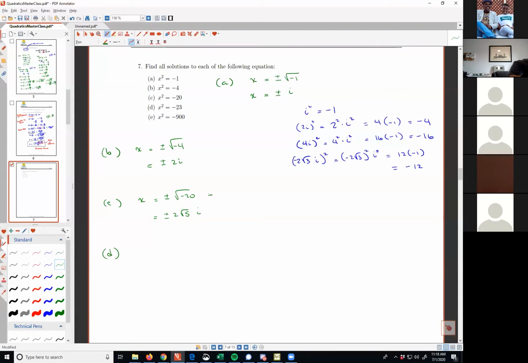Yeah, and we can think of this as separating the square root of -1 from the square root of 20. And then we can simplify the square root of 20 as 2√5. Okay, part D. Plus or minus √23i. And part E. Plus or minus 30i.